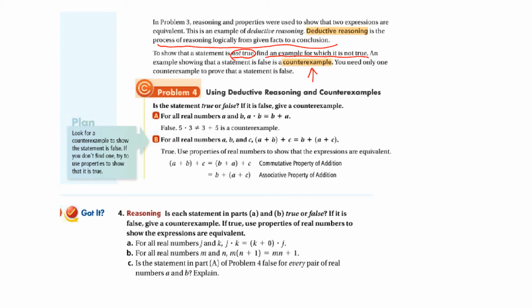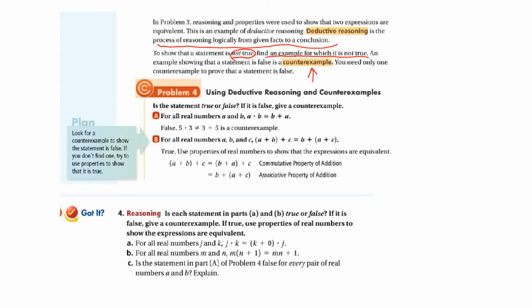So if we look at problem 4 here, it says, is the statement true or false? If false, give a counter example. Example A, for all real numbers A and B, A times B equals B plus A. I need to decide, is that true or false? And if it's false, give an example. So just start thinking of numbers.